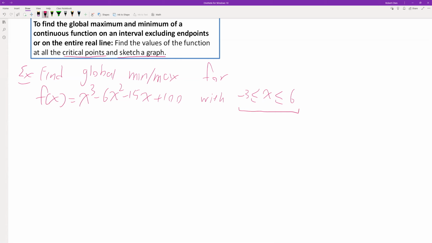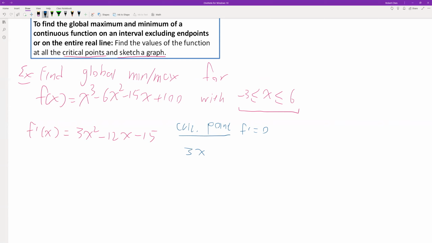All right, so first, let's find the critical points to determine whether we have a local max or min. So f prime will be 3x squared minus 12x minus 15. Set that equal to 0 for the critical points: f prime equal to 0.